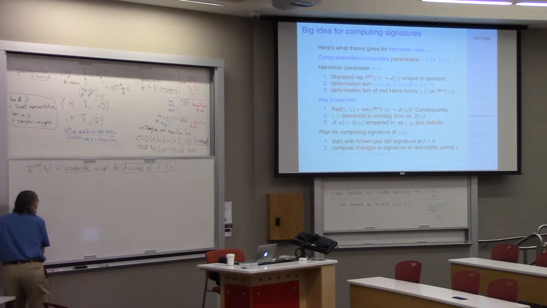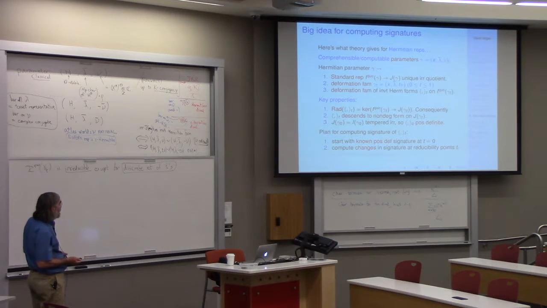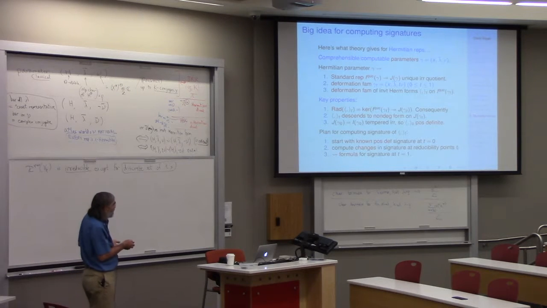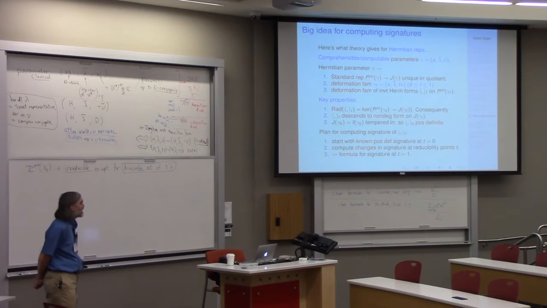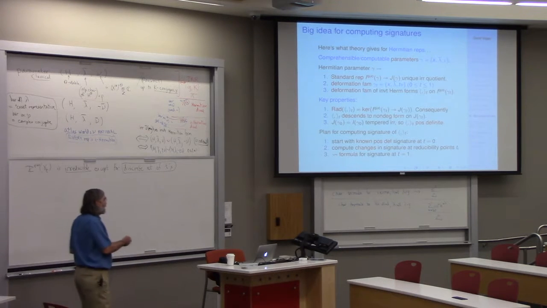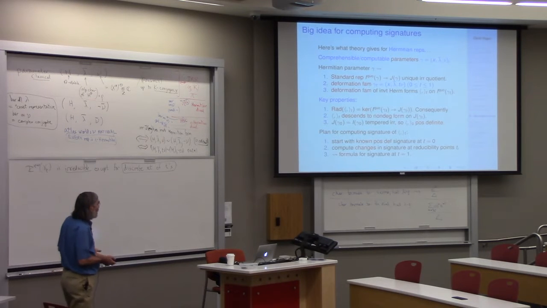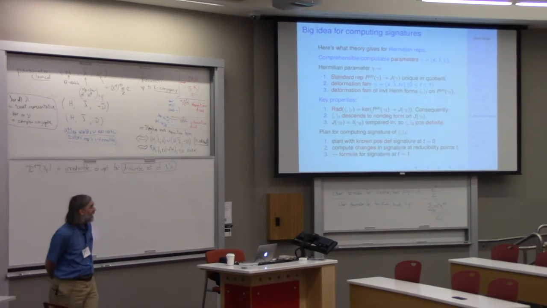So it's only at that discrete set that the signature can change, and what we're going to do is compute the changes at those reducibility points and put all that together and end up with a formula for the signature at t equals 1. So that's the plan.